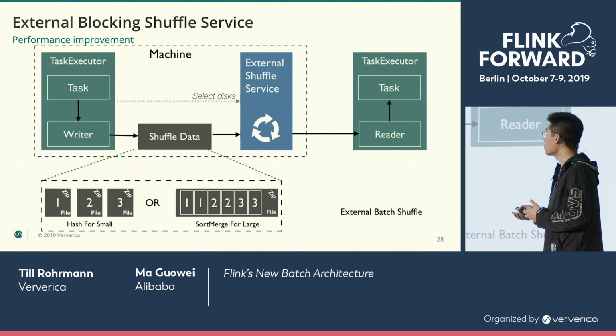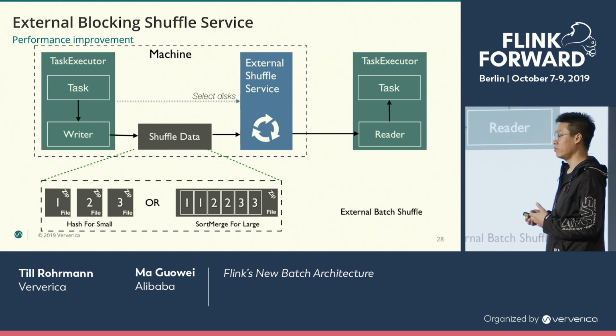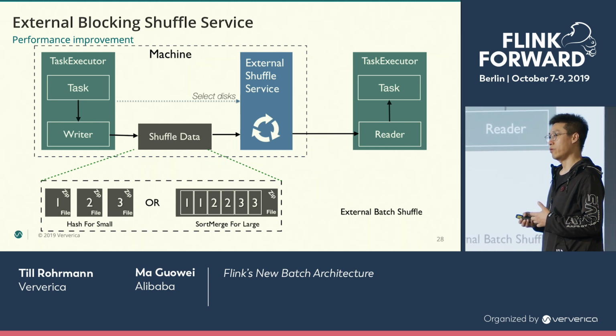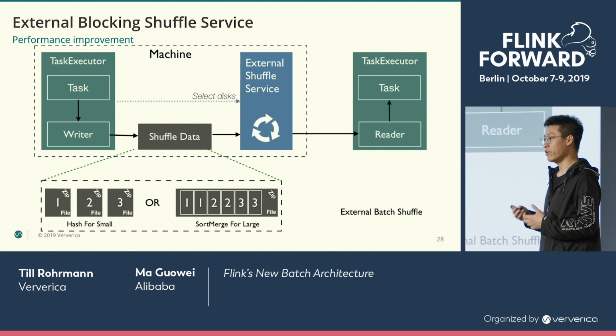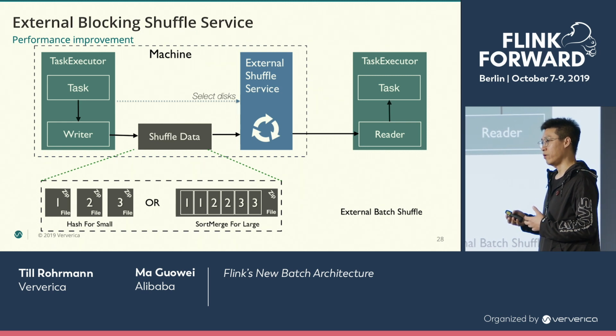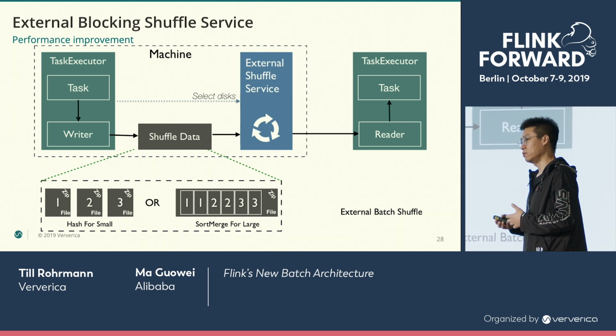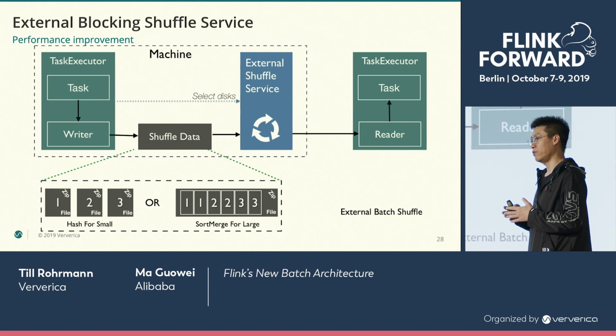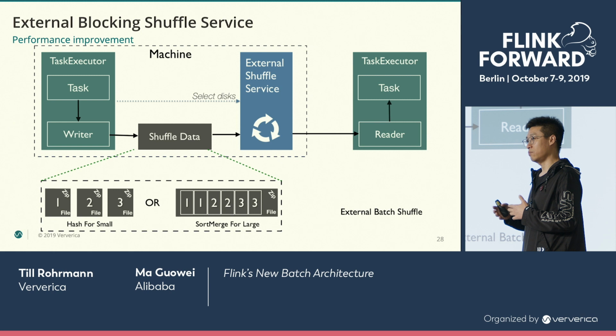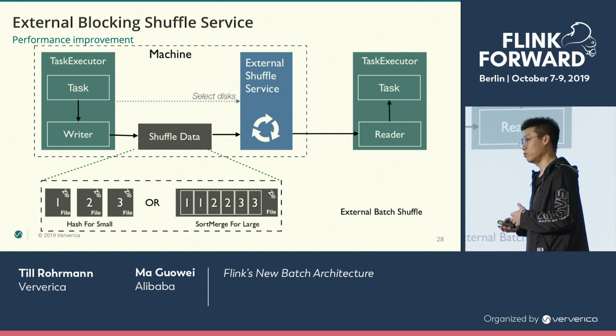The cons is that there is no obvious advantage if users use SSD drives and if the job's scale is very small, and it might be a little slower than the hash shuffle mode.